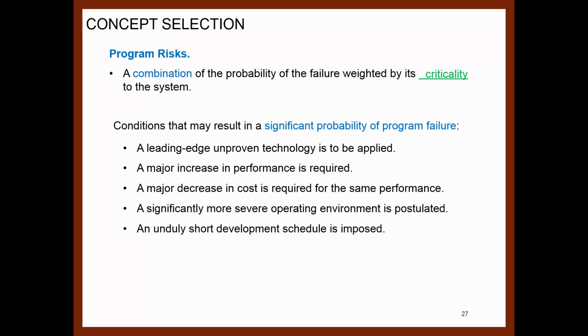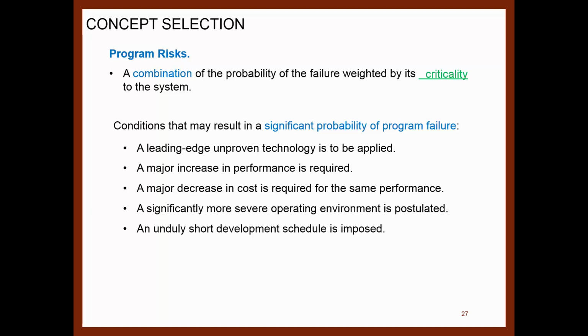Conditions that may result in a significant probability of program failure include a leading edge or unproven technology to be applied, like you're trying to include a technology that hasn't been tested or hasn't been out for a long period of time, so you don't know how it will react.